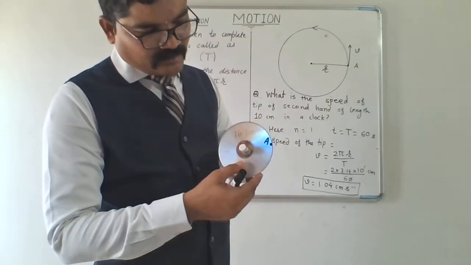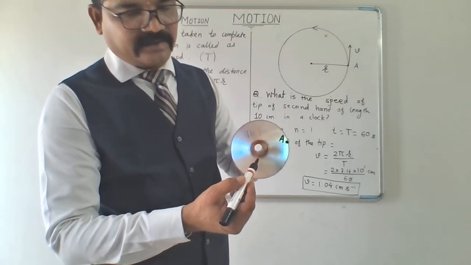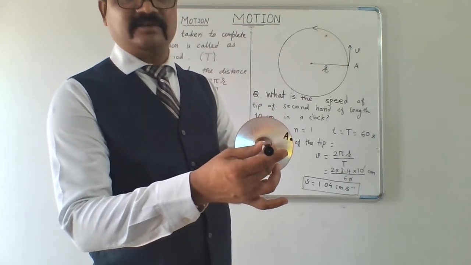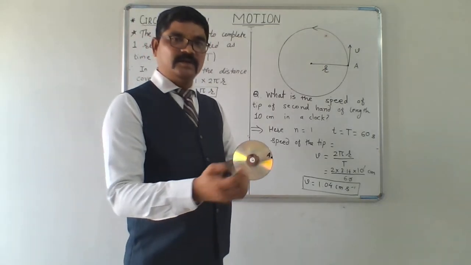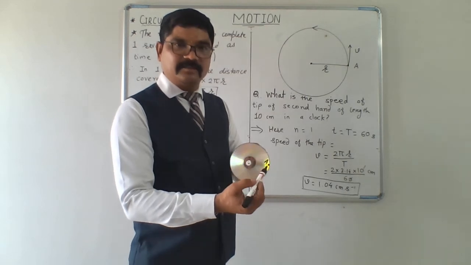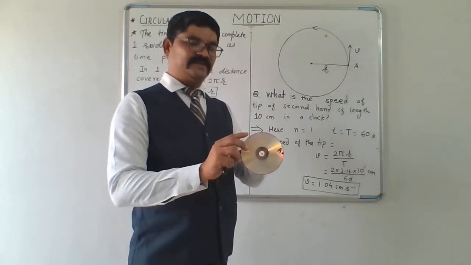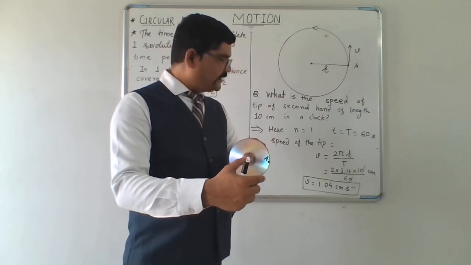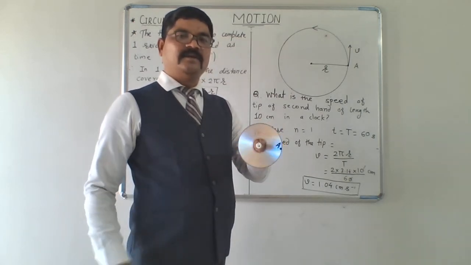If we come towards the axis of rotation, all points on the axis of rotation will remain at rest. So in this way we can find the speed of point A. It will become 2 pi r upon the number of rotations occurring in a given time t. So this is the part.